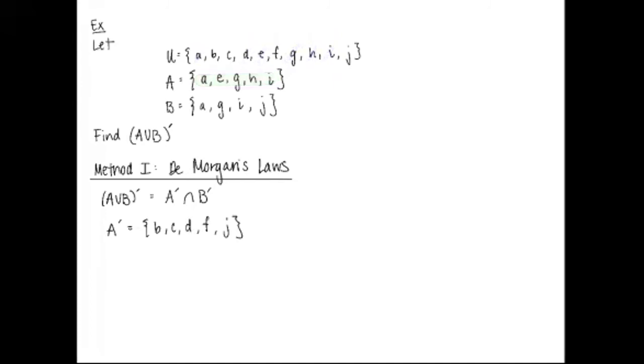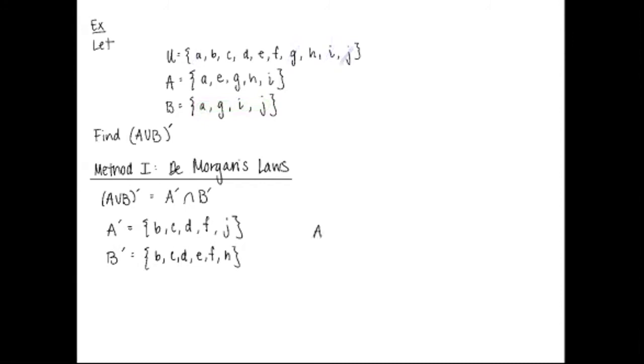Now I'm going to do the same thing. I'm going to find B complement. So I go ahead and cross out the stuff that's in B. So I don't include A, I don't include G, I, or J. So what's left over is B, C, D, E, F, and H. Okay. Now I go ahead and take what's in common to these two.